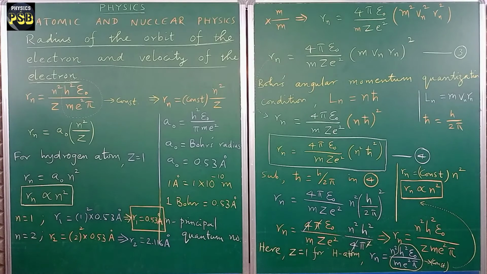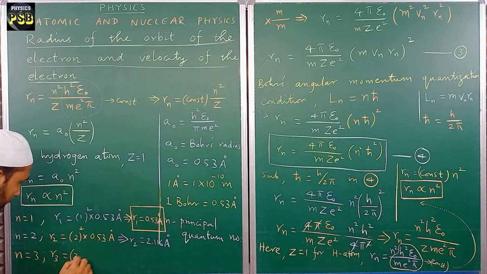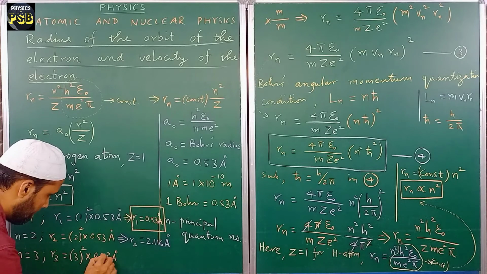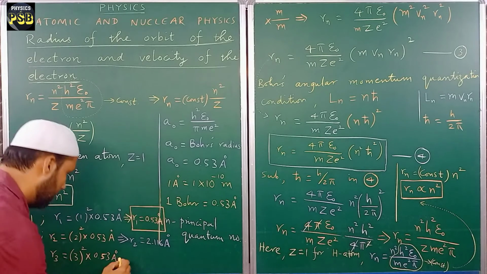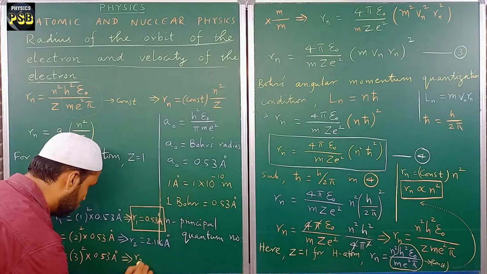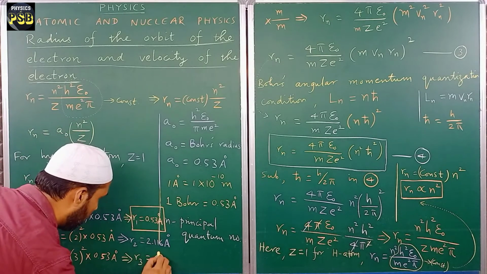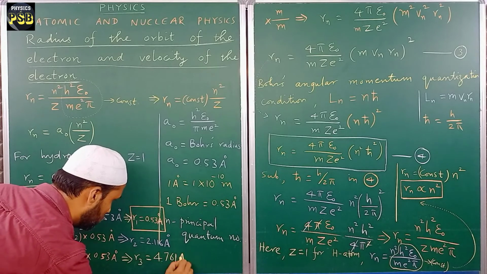Now, if there is an electron present in the third orbit, then n is taken as 3. Then Rn, in the place of Rn I take R3. In the place of n I take 3 square. The remaining things are written as such. Fine. Then R3 equals 3 squared, which is 9. 9 multiplied with this value, you'll get something around 4.761 angstrom.